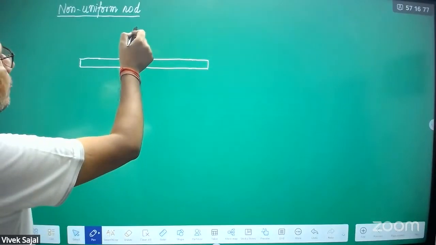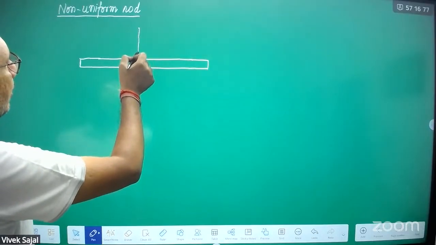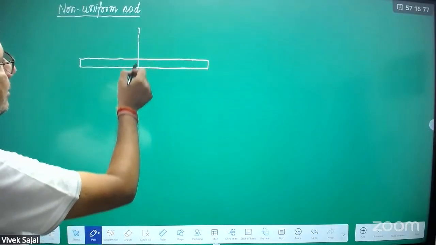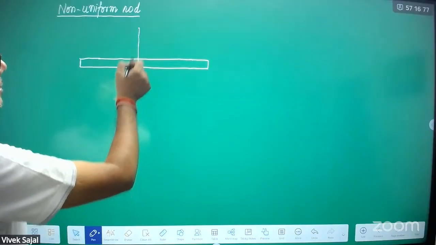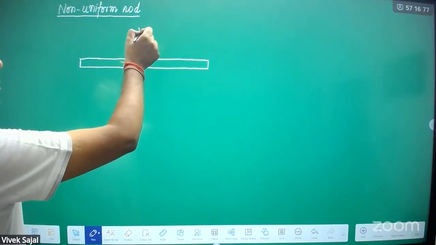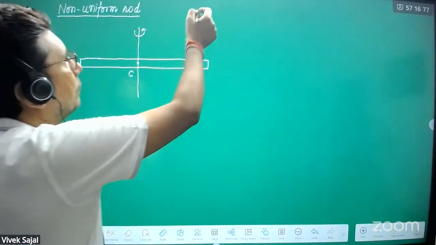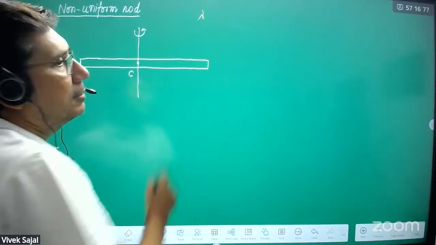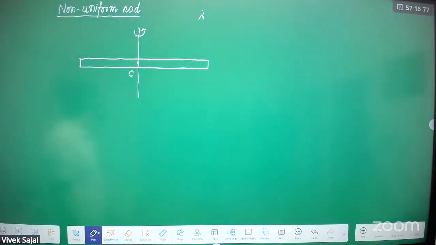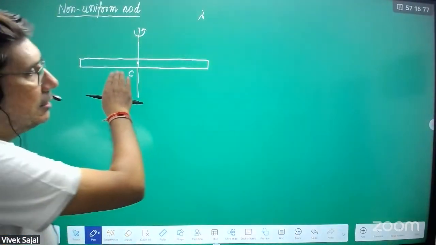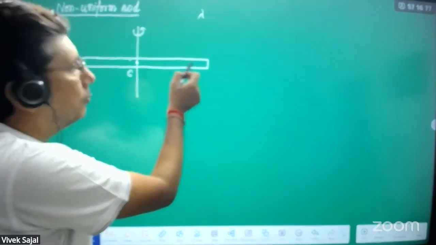You want to find out the moment of inertia about this axis. This is the center of this rod, C. You want to find out the moment of inertia of this rod about this axis. But non-uniform means its lambda is depending upon different positions.